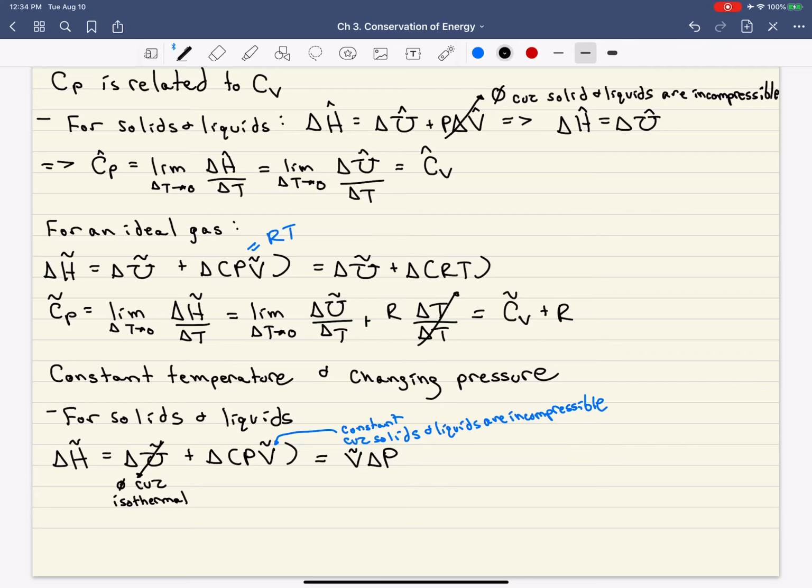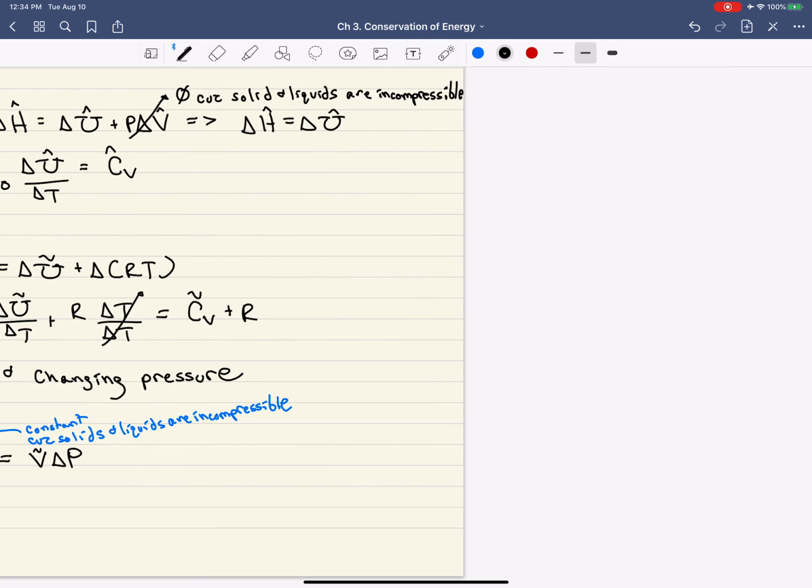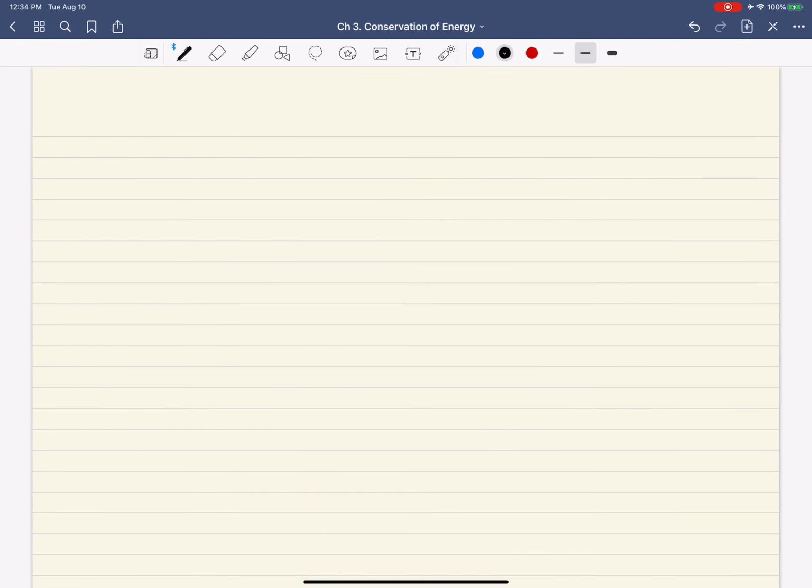But what if we're dealing with an ideal gas? How does this analysis change? For an ideal gas, we once again have delta H is equal to delta U plus delta PV. Should be more of a tilde here.